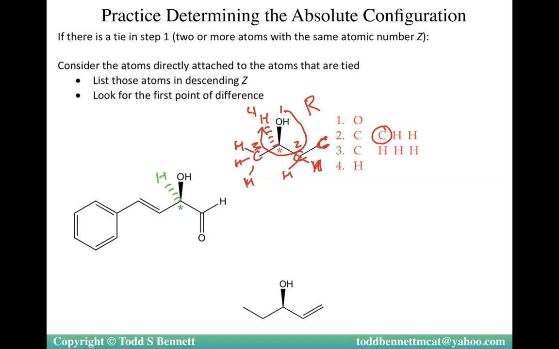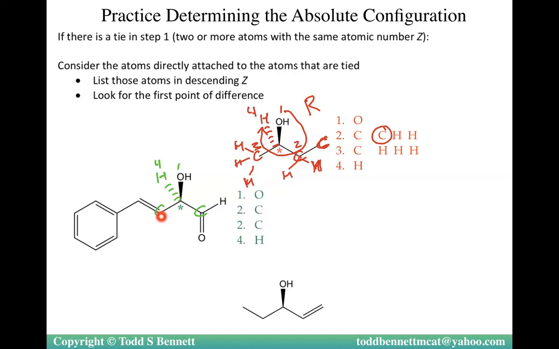So priority number 1 is going to be the O, just like before, and then priority number 4 is the H. So again, easy for those two. H and the heteroatom are usually pretty straightforward. But once again, I have the same situation before, a carbon and a carbon. So I have to compare them.